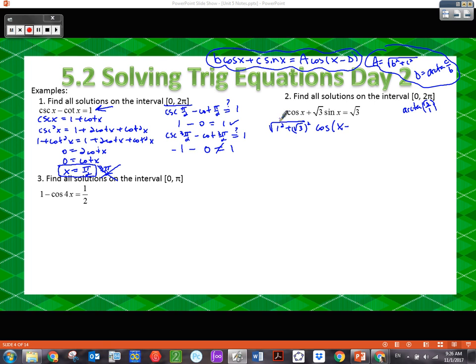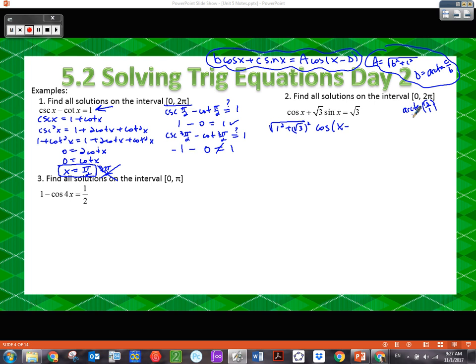If my x coefficient is positive and my y coefficient is positive, which quadrant am I going to be in? The first quadrant, right? Quadrant 1. I need to be in quadrant 1. So I need a quadrant 1 angle where tangent would be root 3. Remember, tangent is sine over cosine.